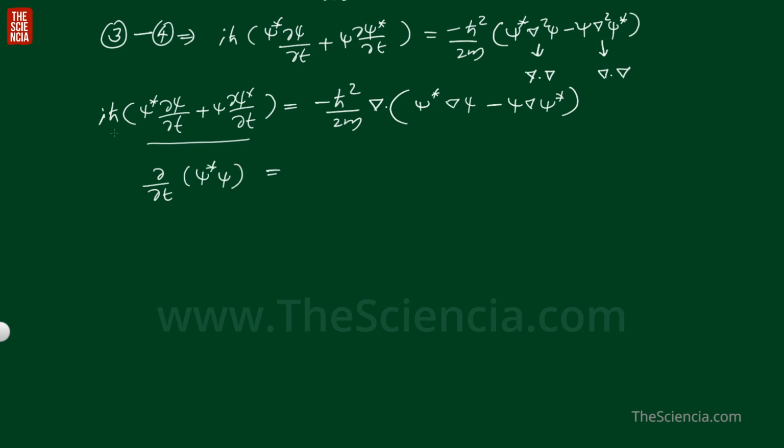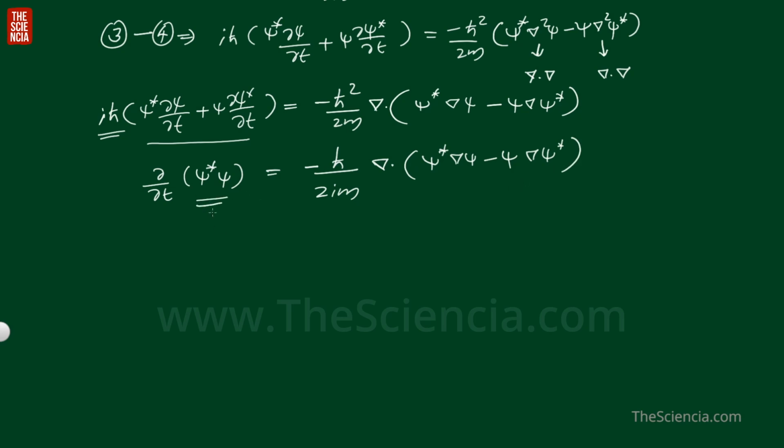And I am taking these terms to the right hand side of the equation. So what we get? We get minus ħ by 2im del dot psi star del psi minus psi del psi star. And here, what is this term?